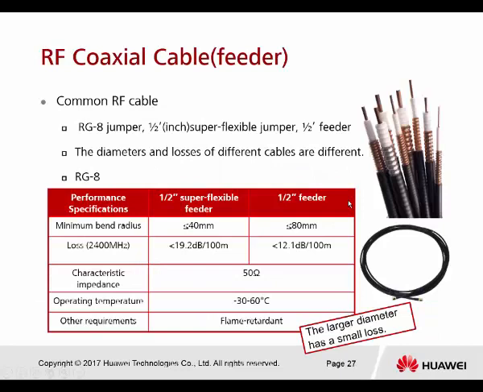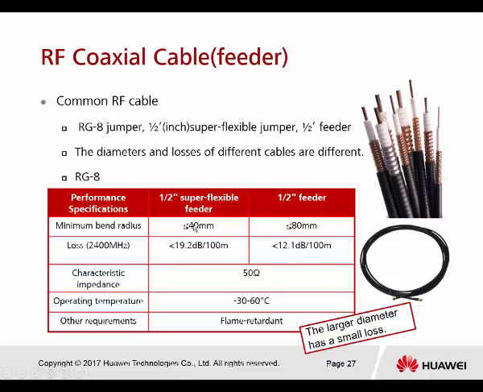Then the next one, the RF coaxial cable, or we can call it a feeder cable. From the table here, we notice they have a 1/2 super flexible feeder and a 1/2 feeder. So what's the difference here? This is giving the example: the 1/2 super flexible feeder has a radius of 40 mm, and the other one is 80 mm.